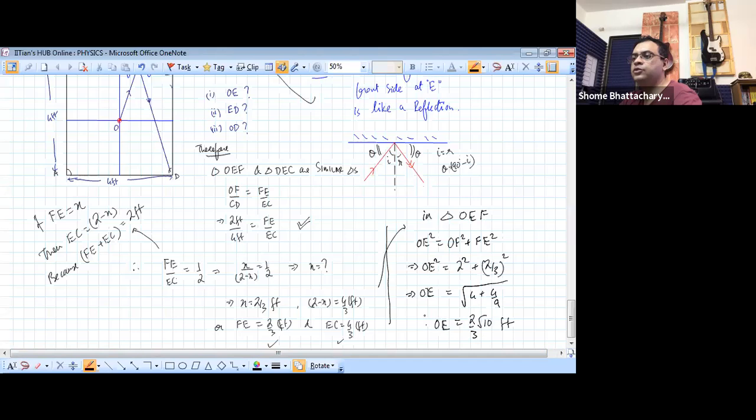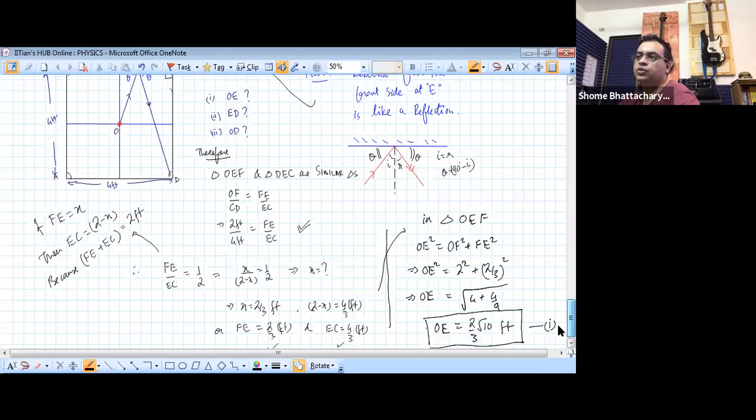The magnitude of the distance from the center point to the front wall where it is reflecting, that point E, is this. So this is the answer to the first part. Now obviously ED will be double of that because it's the hypotenuse of the other triangle, and the ratio of the triangles is 1:2.